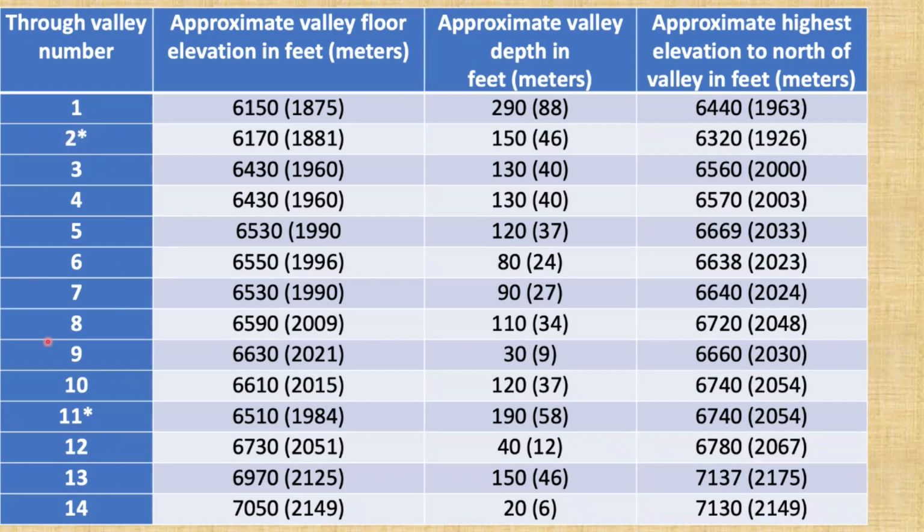Number 2 and number 11, if you remember, did not cross the Spearfish Creek Rapid Creek drainage divide. Number 2 was within the Spearfish Creek drainage basin and was a valley. And number 11 was a valley within the Rapid Creek drainage basin. But they were close to the drainage divide.